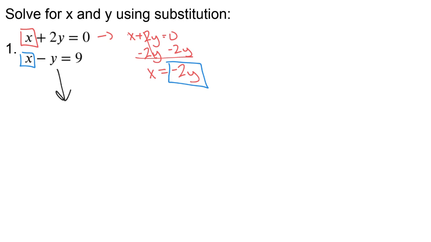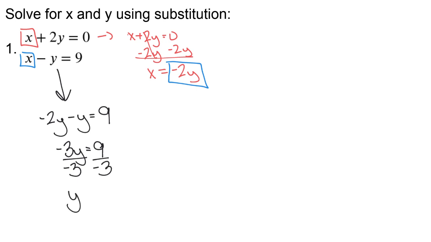So let's rewrite that, but instead of x, we're going to put negative 2y, because x and negative 2y are the same thing. But I'm going to keep the rest of this the same. And then we're going to try and solve this equation for y. So negative 2y and negative y is negative 3y. And then we could solve to get the y by itself. We're going to divide by negative 3. And I've got y equals negative 3.